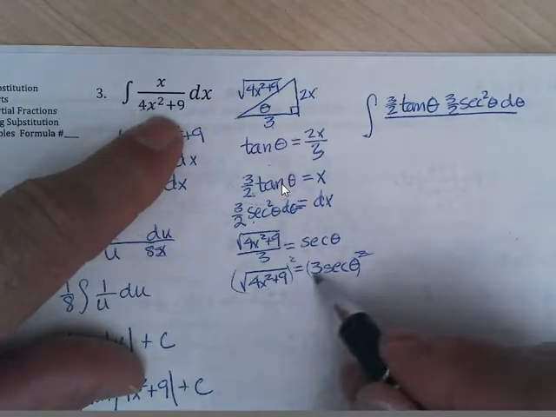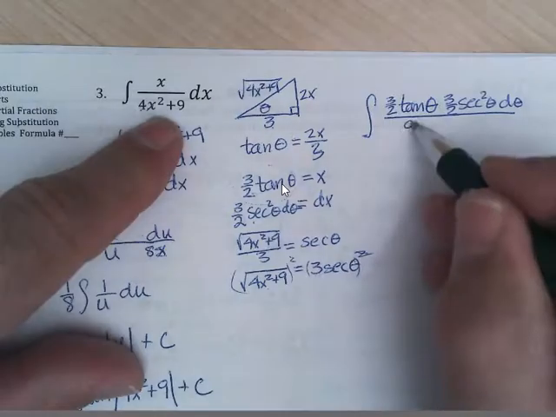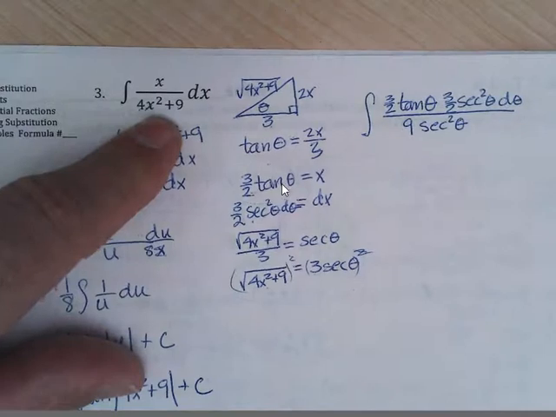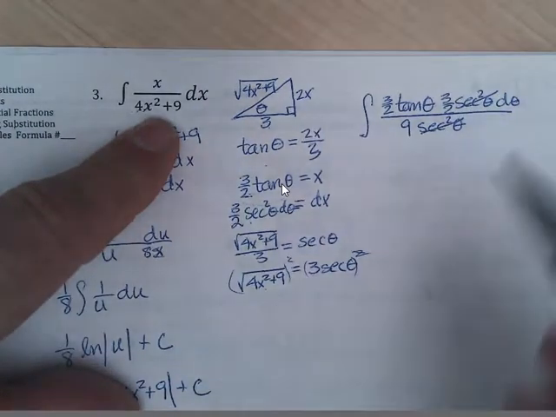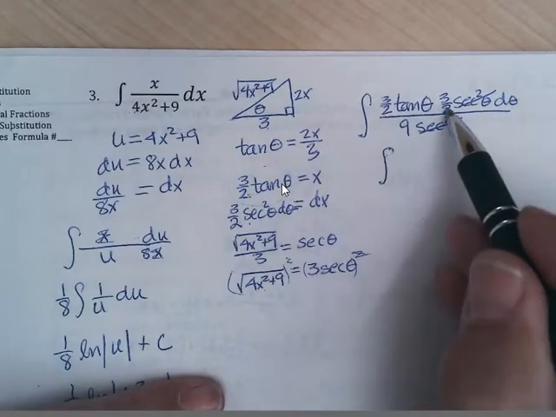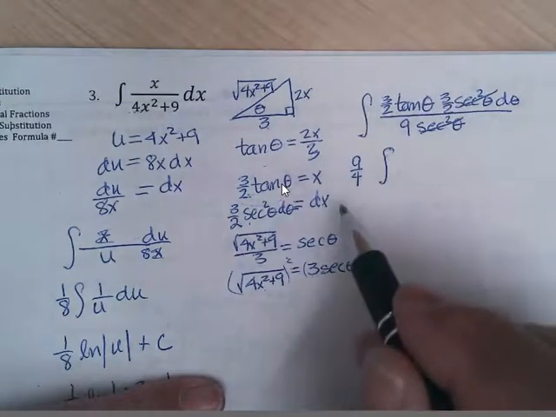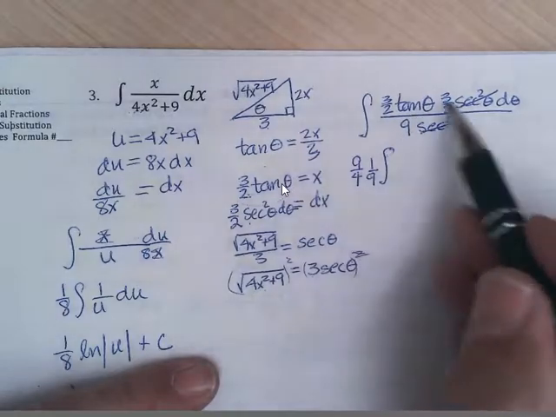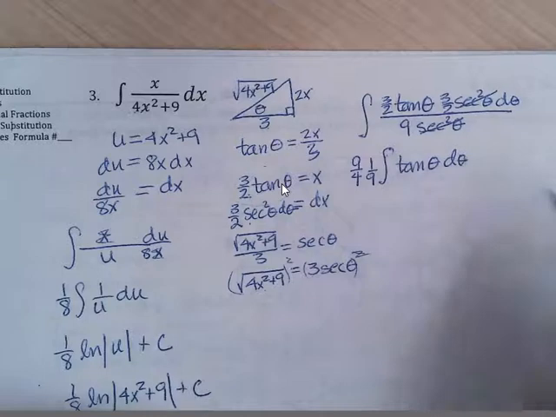Well, that would be this quantity, 3 secant theta squared, so that'd be 9 secant squared theta. If I do some simplifying, the secant squareds cancel, and I get 9/4, which would come out of the numerator, and a 9 that comes out of the denominator, and I'd have tangent theta d theta.